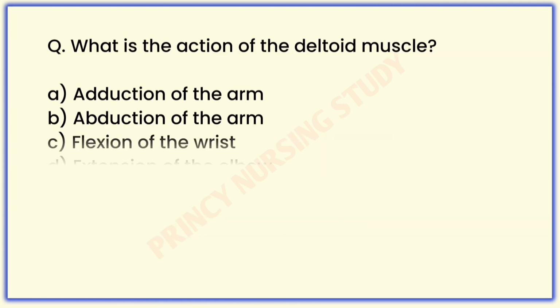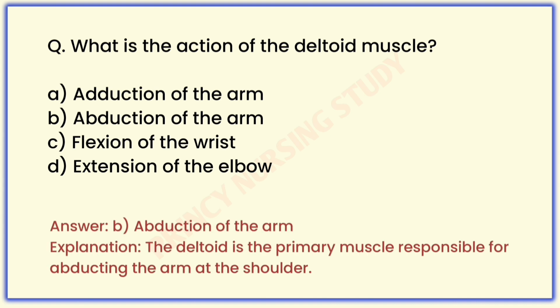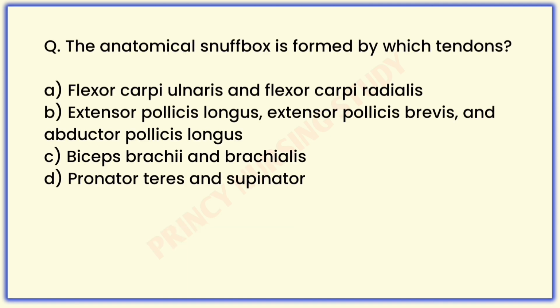Next question. What is the action of the deltoid muscle? Correct answer is B. Abduction of the arm. The deltoid is the primary muscle responsible for abducting the arm at the shoulder. Next question. The anatomical snuff box is formed by which tendons?